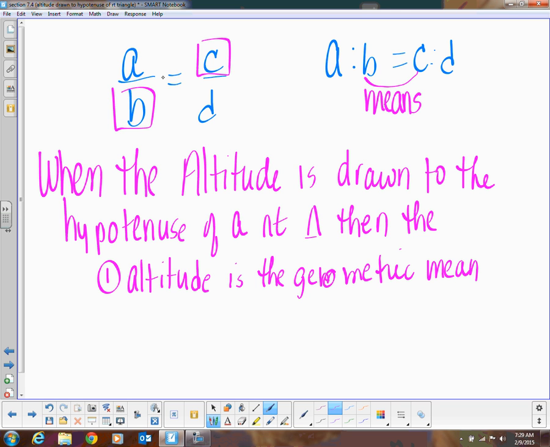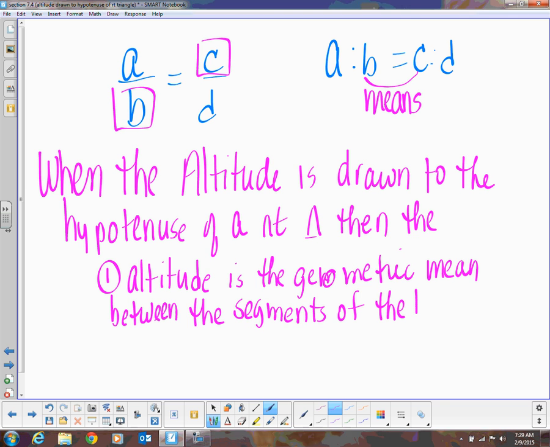That means it goes into the mean position. The geometric mean between the segments of the hypotenuse.